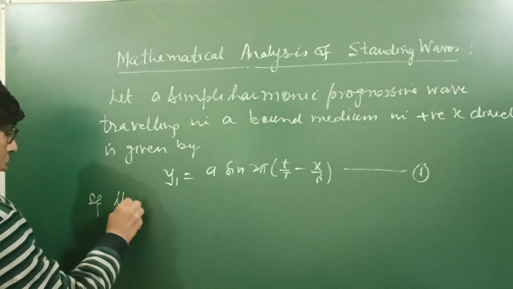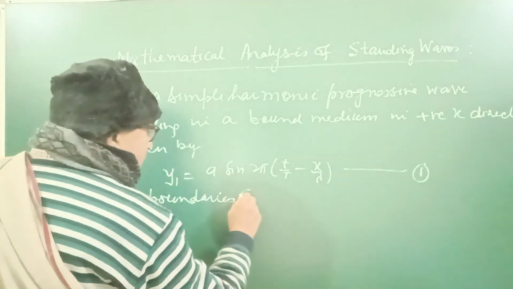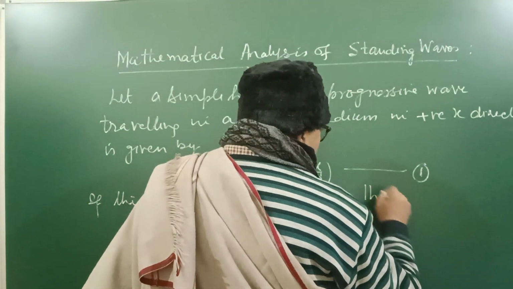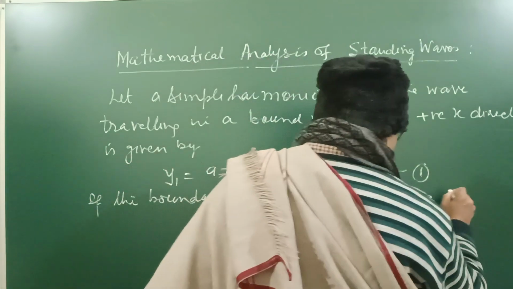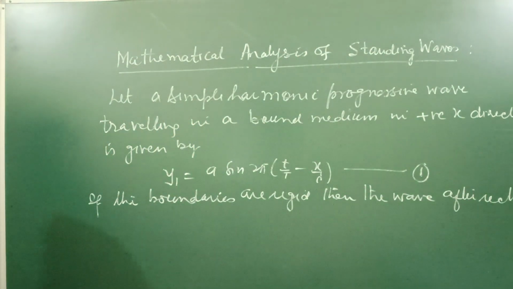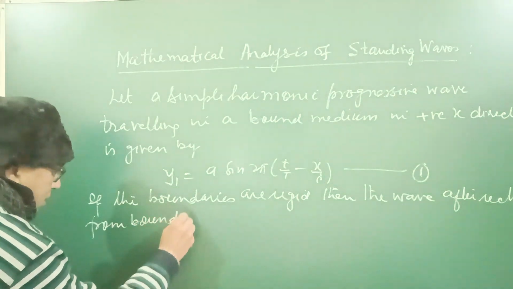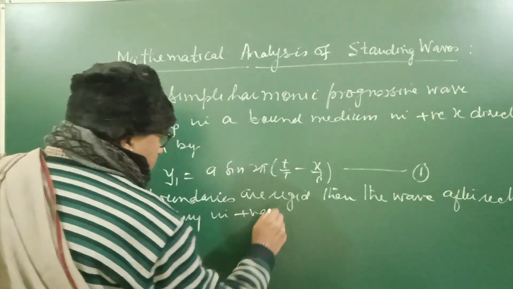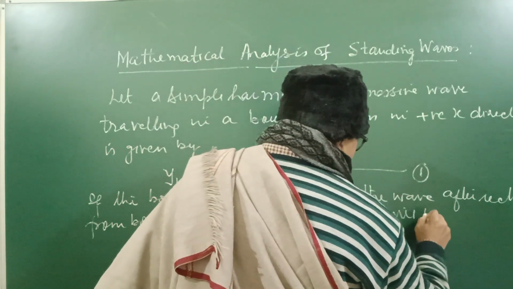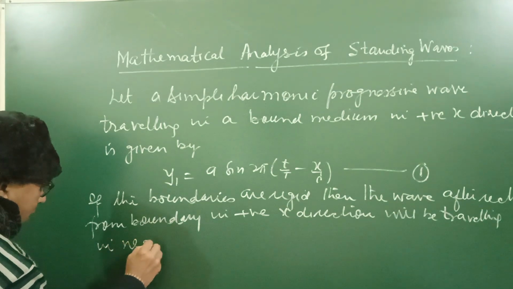If the boundaries are rigid, then the wave after reflection from the boundary, traveling in the positive x direction, will be traveling in the negative x direction.